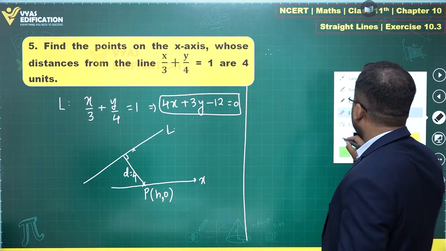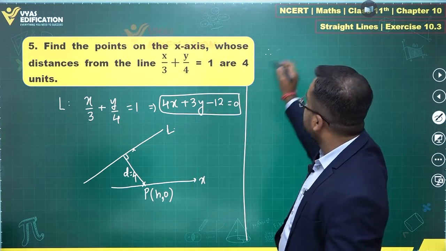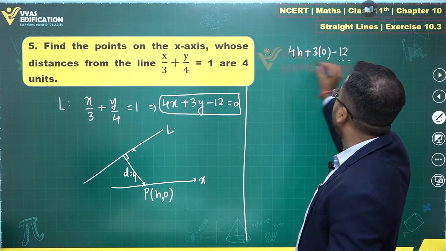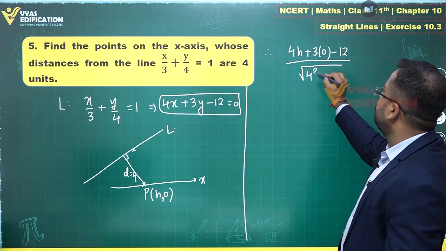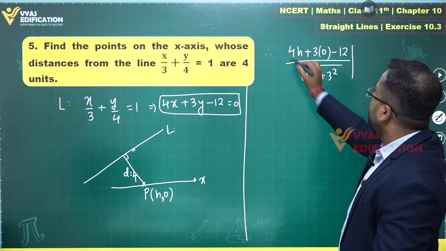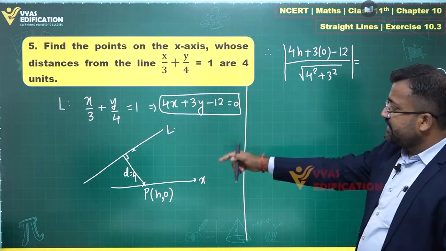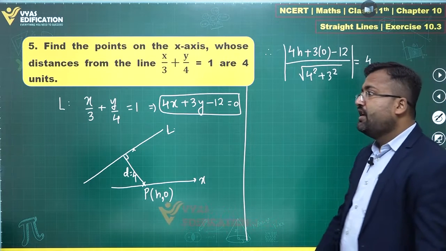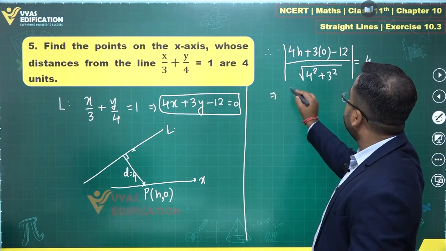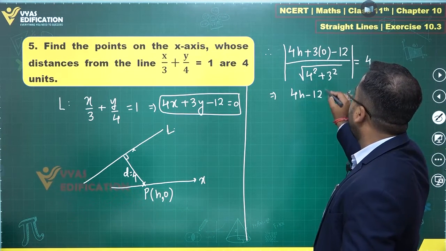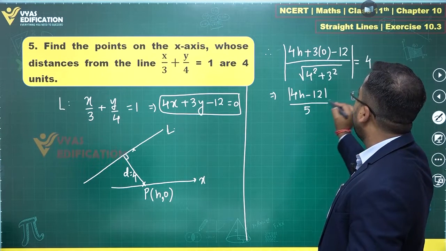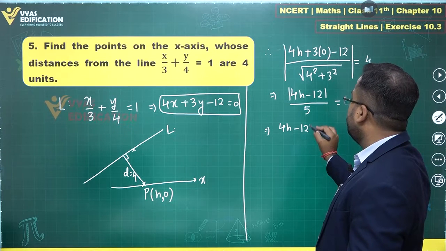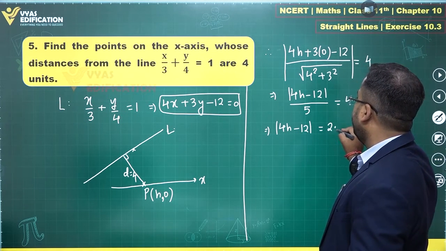So you can clearly note that the distance will be the modulus of 4h plus 3 times 0 minus 12 upon under root of 4 square plus 3 square, which is equal to the distance, which is 4. This is given to me, right? This tells me that the modulus of 4h minus 12 divided by 5 is equal to 4, or you can clearly say that the modulus of 4h minus 12 is equal to 20.